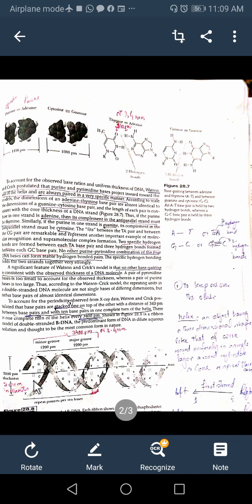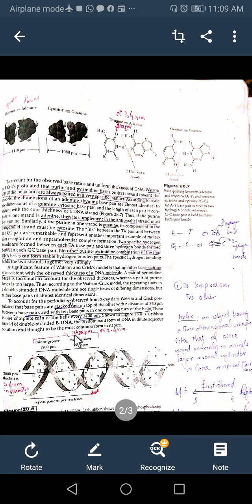Another very important point is that one turn has the length of how much?